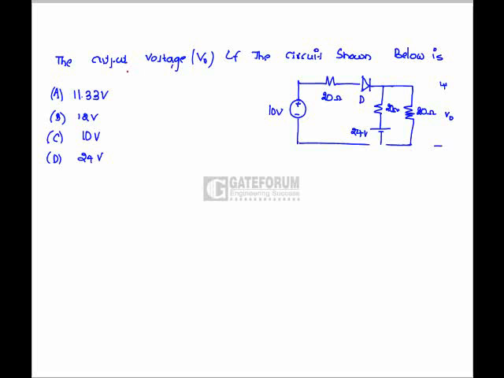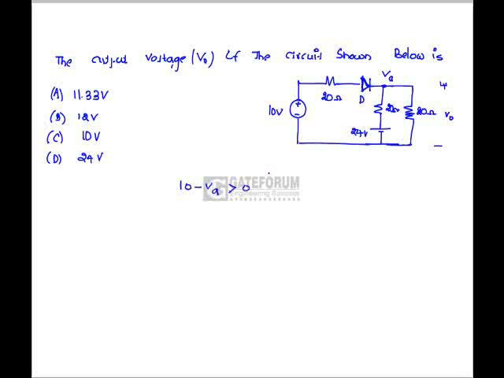The question is: the output voltage V0 of the circuit shown below is. First of all, in order to decide V0, we need to decide the state of the diode, whether it is conducting or non-conducting. Here the conduction of the diode is decided by the node potential VA. If we assume the diode is ideal, 10 minus VA should be greater than 0, then only the diode is going to conduct.